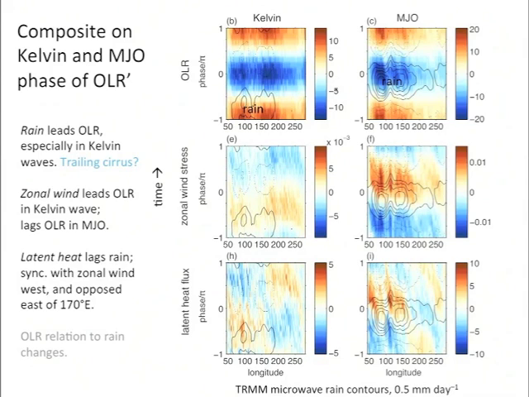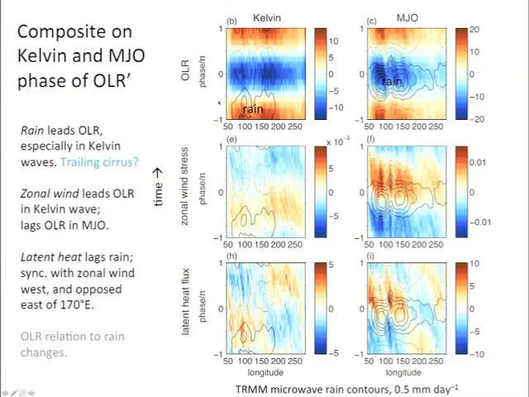So I composited the OLR and the TRMM microwave rain, which does not use any infrared, because if it uses any infrared, I'm afraid it may be correlated to the OLR due to that. So this is microwave-only rain. Here's the OLR, and I composited on the phase of the OLR.